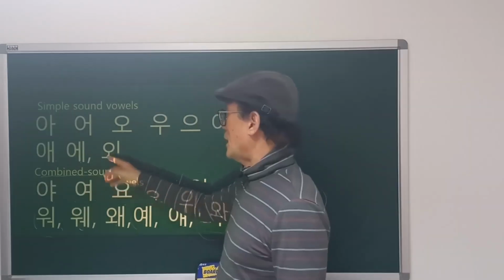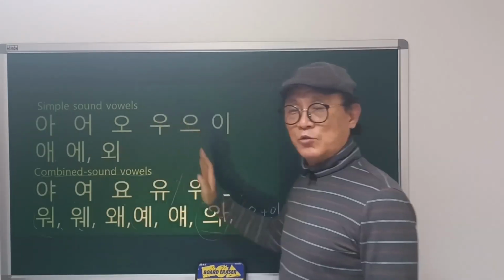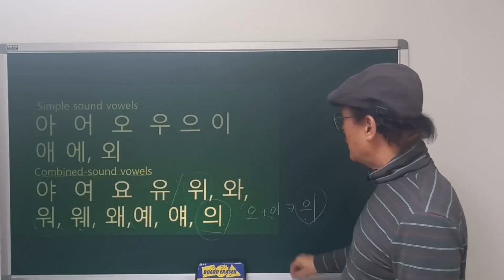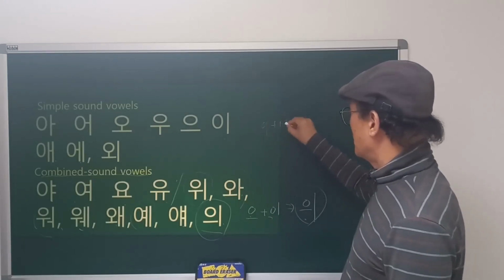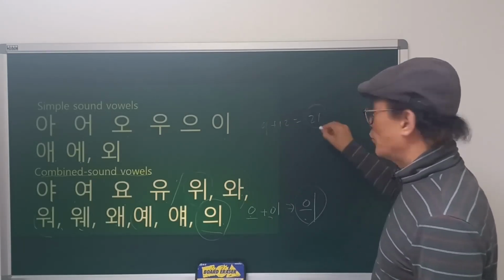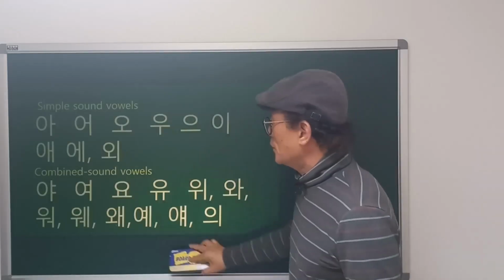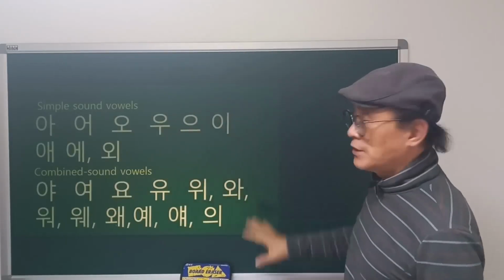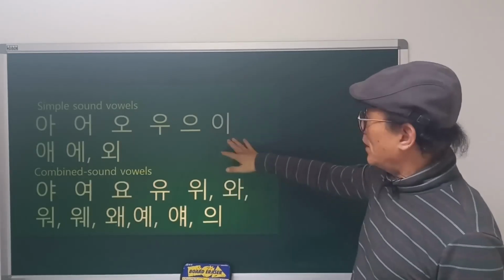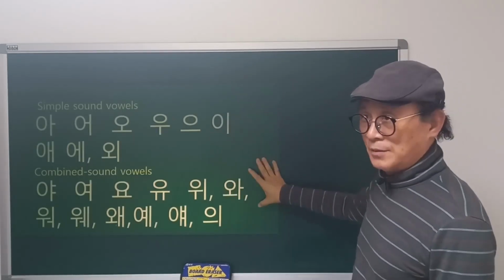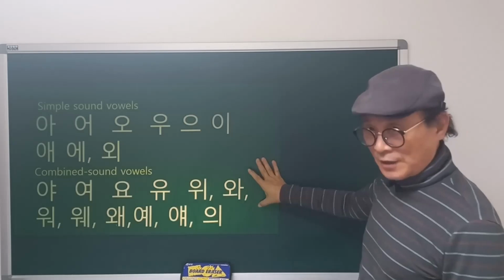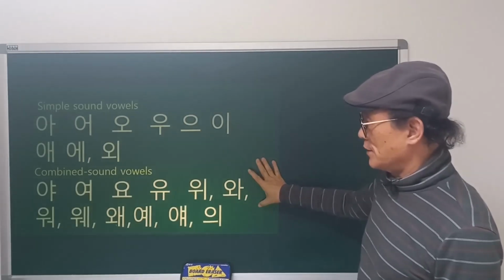How many? 9 and then 12. So 9 plus 12 is 21 vowel sounds. If you can pronounce those vowels, then consonants can be combined with these vowels, and you can pronounce the syllables without any difficulties.